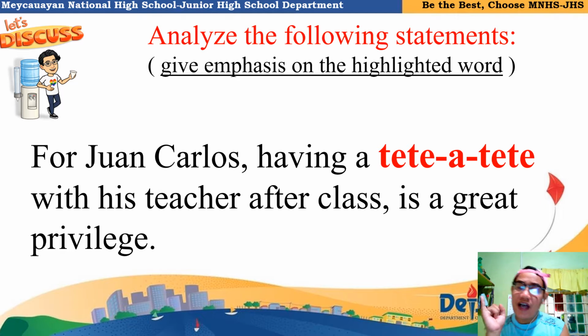So the first thing that you have to do, number one, is to read and understand the sentence. Number two, we are going to identify the unfamiliar word. In this case, the unfamiliar word, the word which is hard to define, has already been highlighted and is written in red. And then the last one is that this is the time that you are going to make use of your common sense in analyzing exactly how the difficult word or the unfamiliar word was used in the sentence.